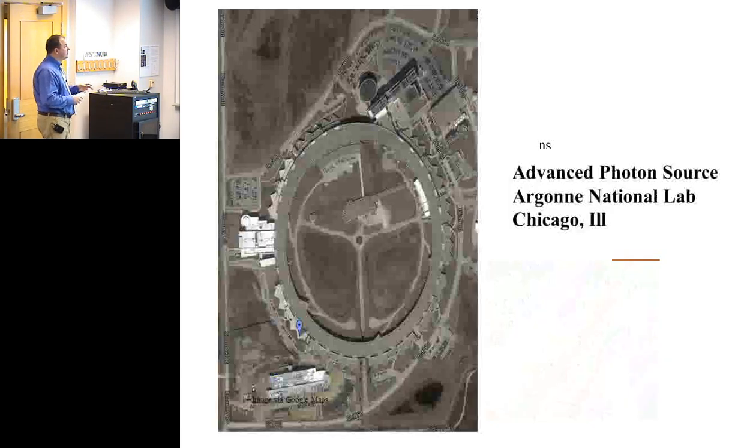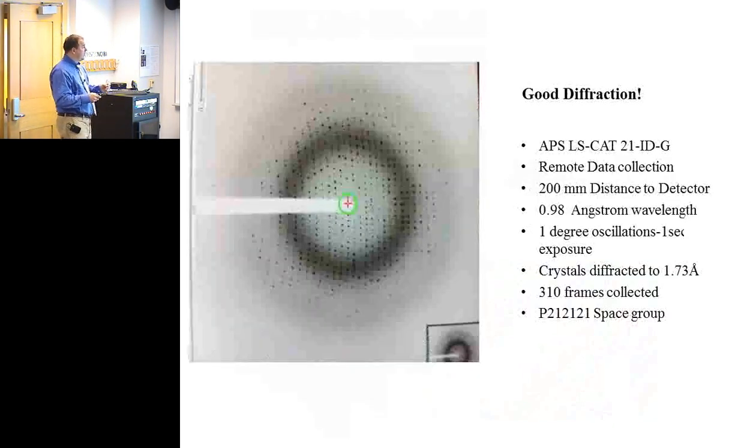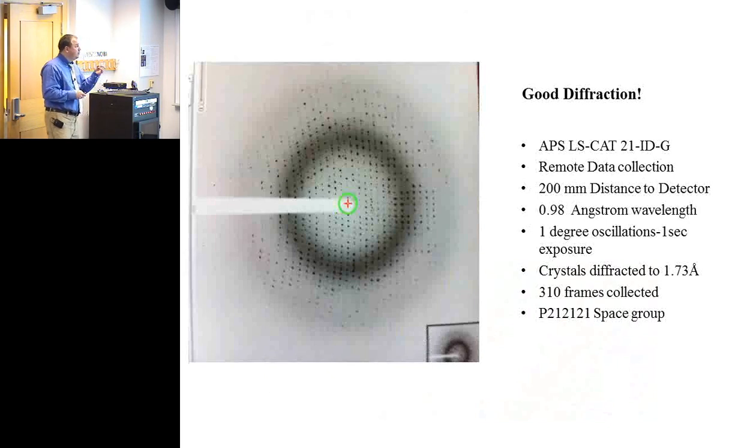So we took these crystals to the Advanced Photon Source at Argonne National Labs, a synchrotron, and we illuminated them with essentially 1 angstrom light. If you take a protein crystal and put it in this beam of light, you get about, I think, 10 to the 13 photons per second. You can get a diffraction pattern, and this is essentially a charge-coupled device, a plate.